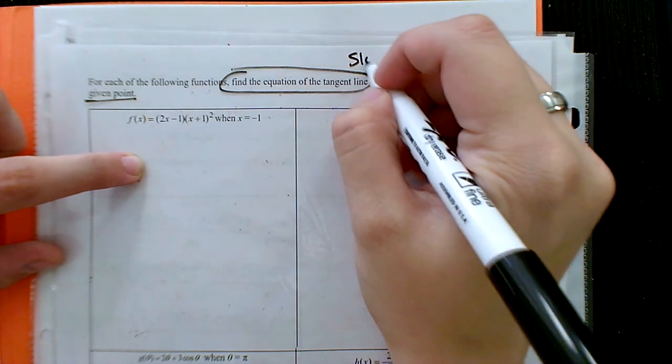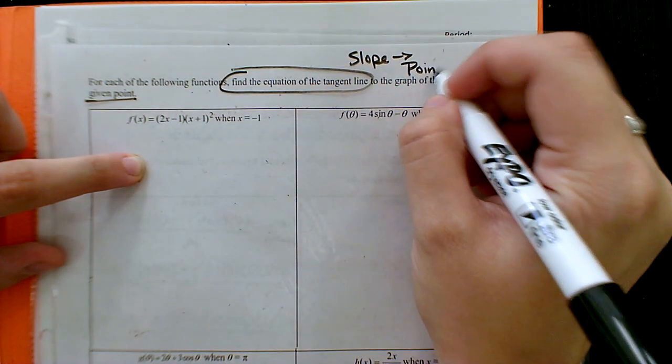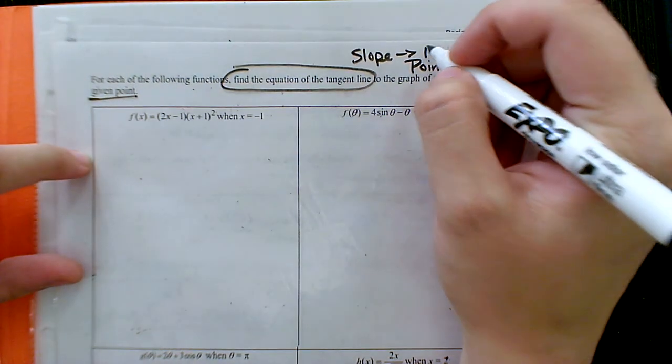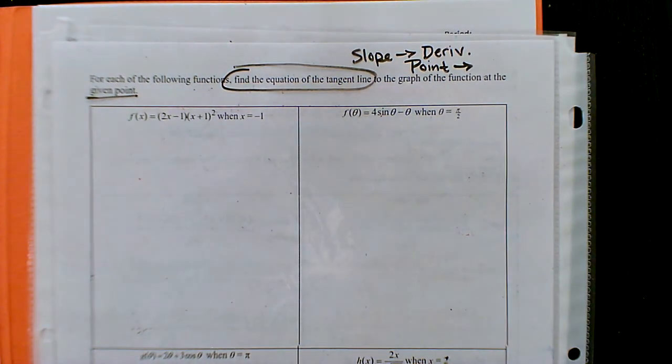Okay, so let's go ahead and write that down. Slope and a point. When I say slope, you think derivative. So the slope of the equation is going to come from the derivative, whereas the point value comes from where?